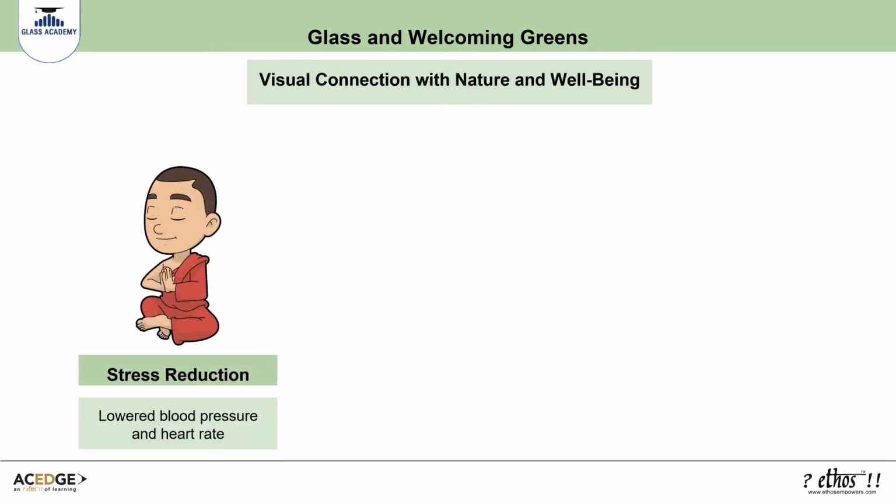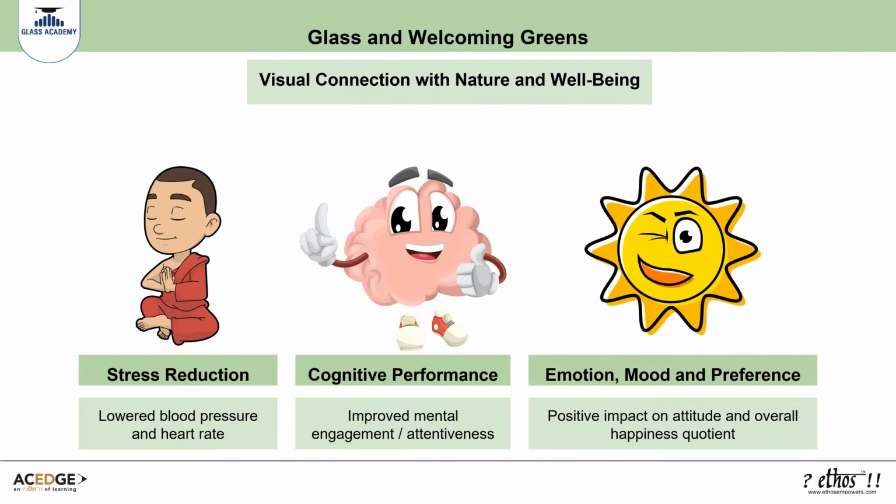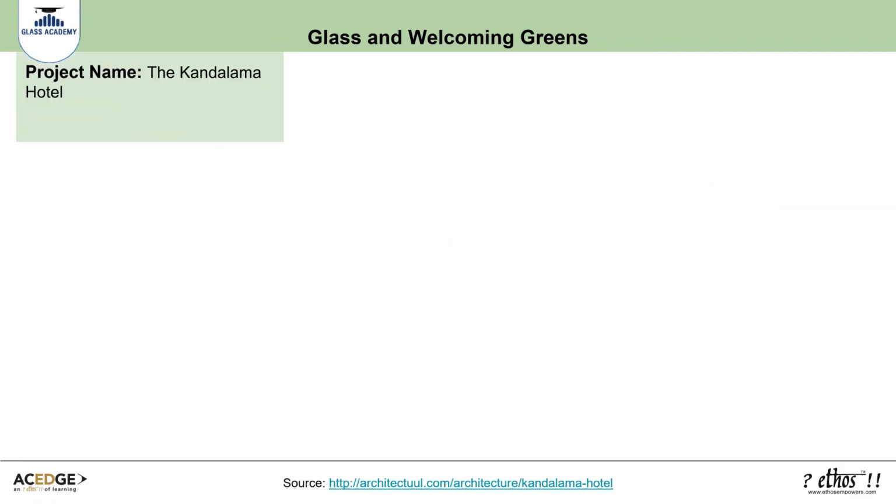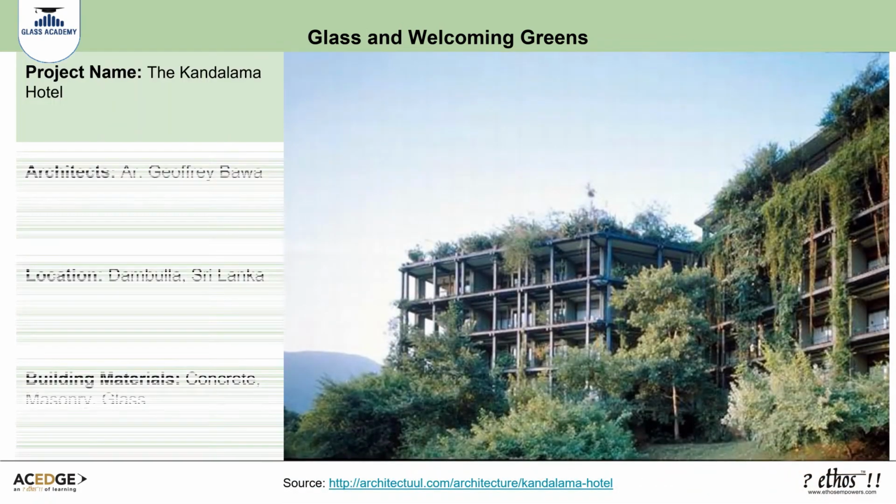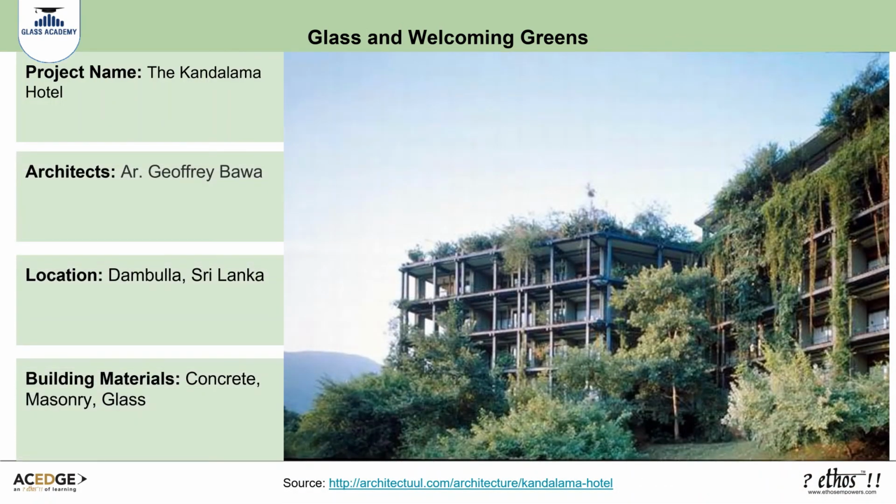What happens to a person's well-being when the space they inhabit is visually connected with nature? Green areas that surround your space help in stress reduction, improved mental engagement, and have a positive impact on the person's overall happiness quotient. Here is a case study showing the relationship between glass and biophilic design.